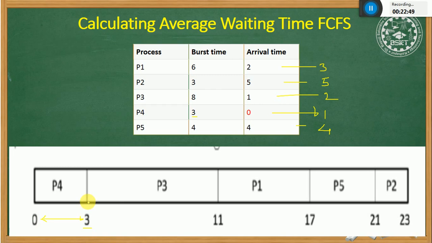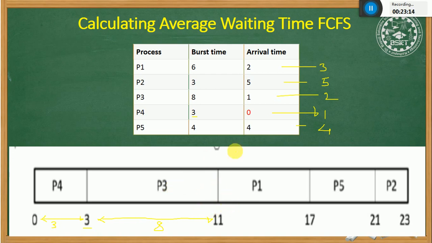Okay, very easy. After the 3 milliseconds, next comes P3, and we assign the CPU. It utilizes 3 plus 8, 11, so from 3 to 11 P3 is in the CPU. It is the burst time of P3, 8.